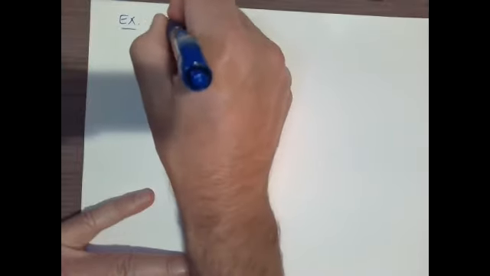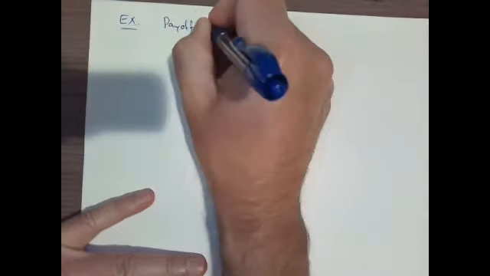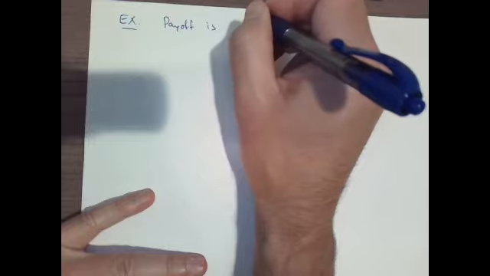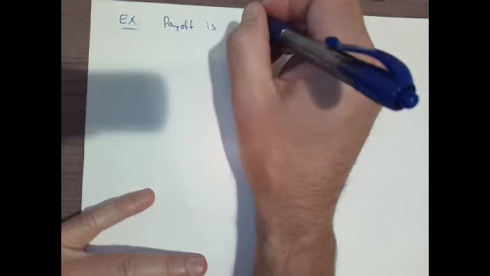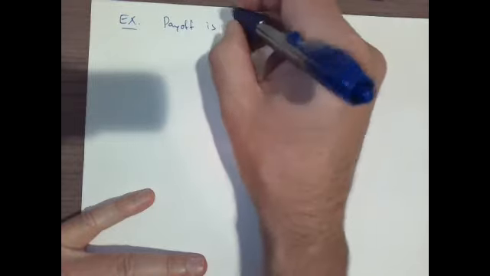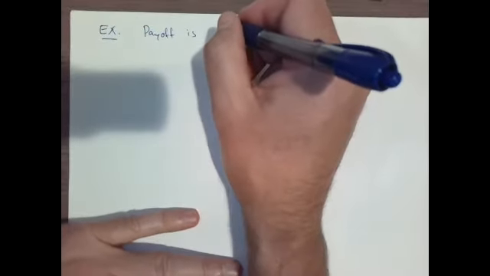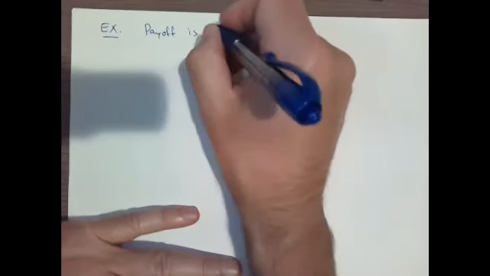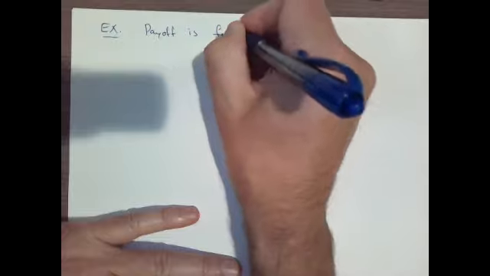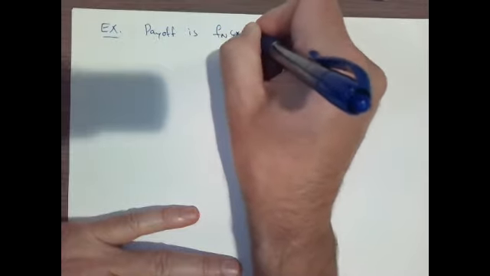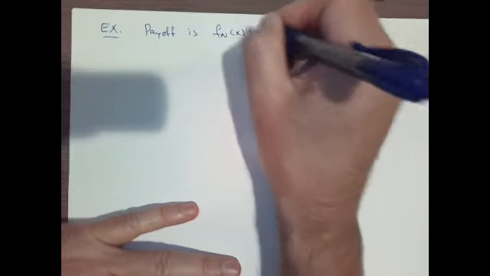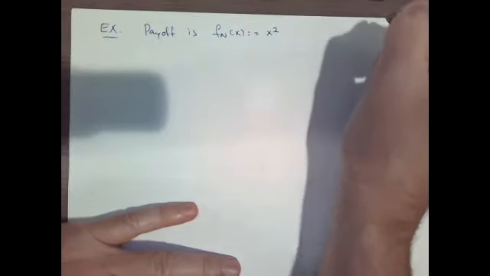Say the payoff is a quadratic function. So you're given Fn of x, this is given to be x squared.